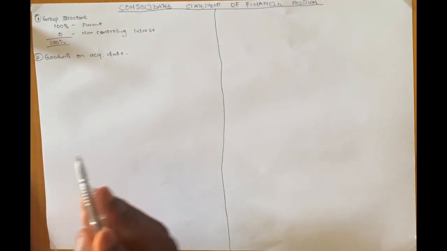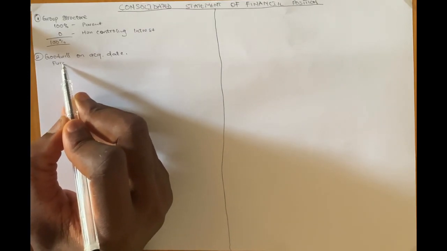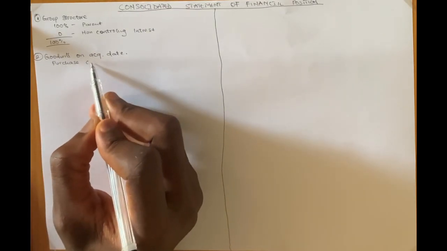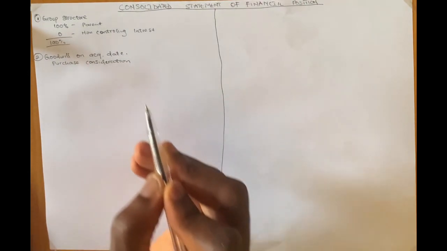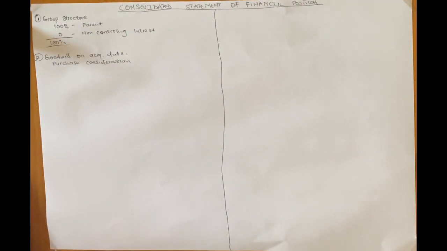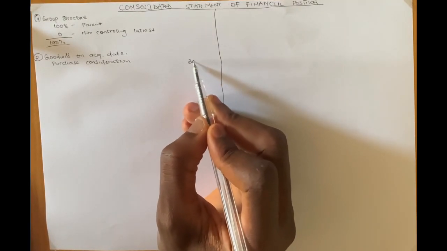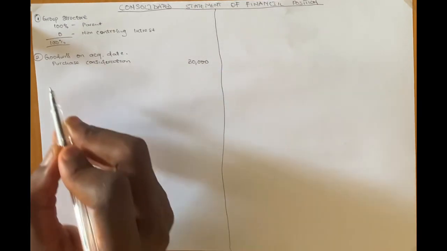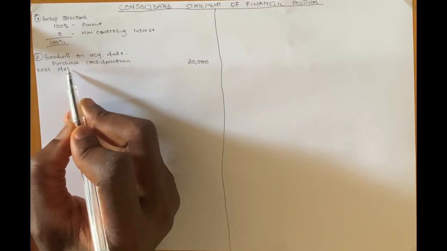So I said goodwill is purchase consideration, which is the investment in S Limited, 30,000, less our net assets.